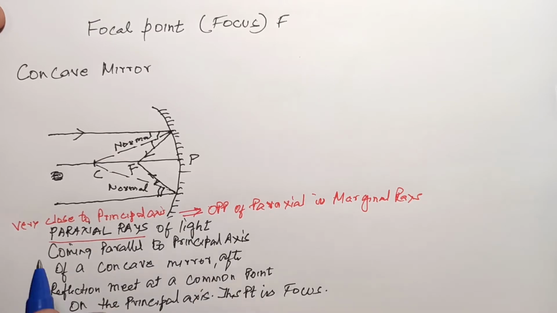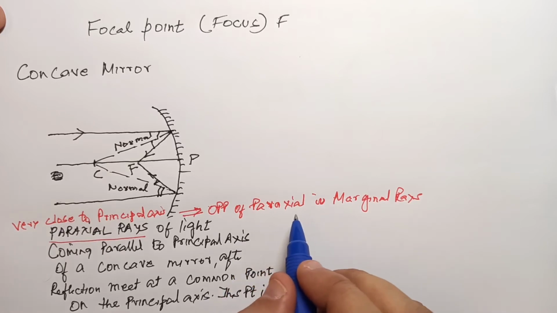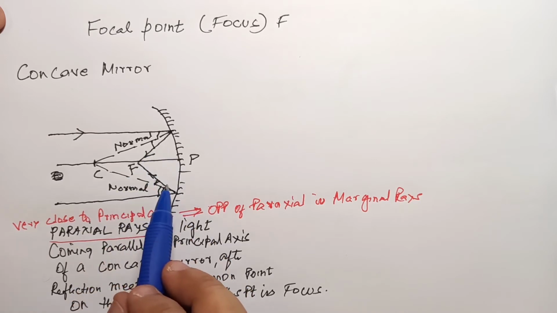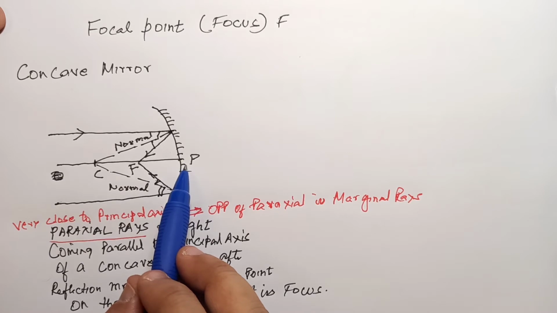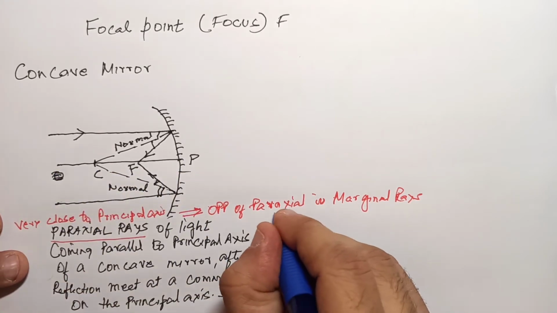Now one more thing to point out here is, if the rays are not paraxial, then the rays will meet on the principal axis only, but at some other point apart from focus. So let me write it.